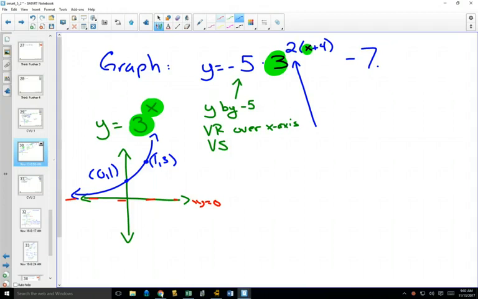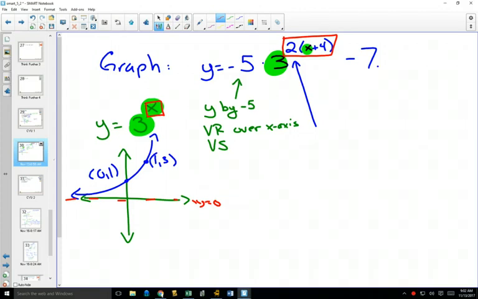So again, to help you figure out what's horizontal and what's vertical, we say that anything that's inside the function, in other words, anything that's where the x is, so in this case, in the exponent, that's going to affect things horizontally. So sometimes people like to put a red box around that so that I can see that's everything in the exponent. All of that stuff is going to be horizontal.